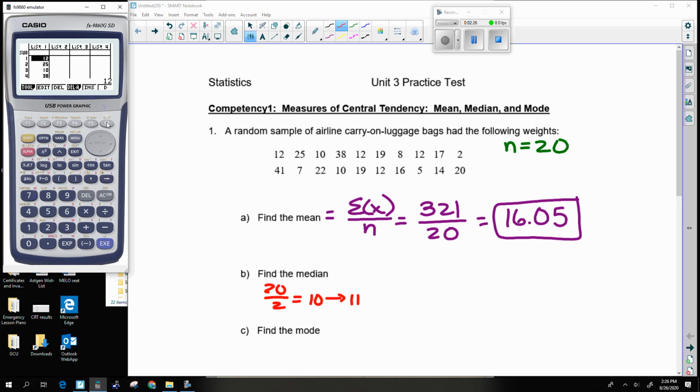I have to first put them in order. So I go to the tool, sort ascend, one list, one. Okay, now they're in order, so now I can see that my 10th number is the number 12. So this is going to be in between the number 12 and the number 14, the 10th and the 11th number. And that should be probably 13.